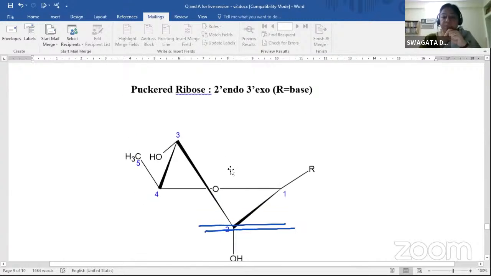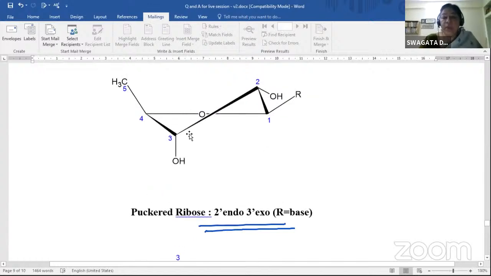When we look at the other possibility, what we have here is we have the 3 now, which is the endo, and the 2, which is the exo, based on which direction it is going to relieve the steric strain. So there can be another way it would do it, as I mentioned, where we are not looking at a 2' endo or a 3' exo or the other way around, but we're looking at the oxygen atom itself actually folding up a bit, where in that case 2 and 3 would be flat and the O would be higher up, because these are common ways in which these sugars actually stabilize themselves.